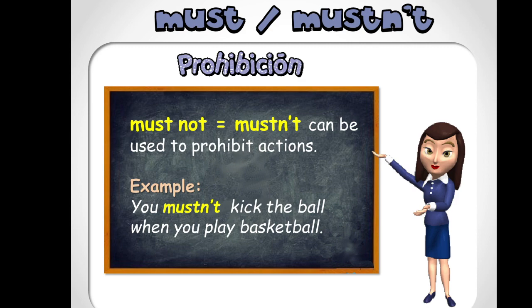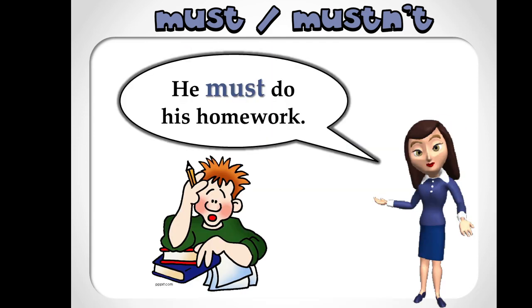Another example. He must do his homework. Why we use must? Because he intends to do his homework because of his spirit. Okay? Because he is a good student. So the intention comes from he himself.